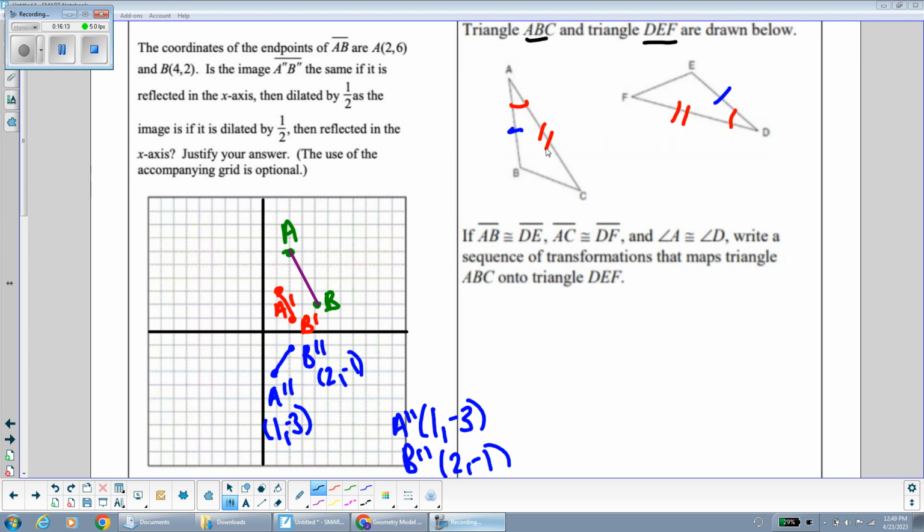So before we describe our rotation, it might be helpful to first describe how to get this triangle in the same spot as this triangle, and then we can just turn it once it's already in the same spot. To get this in the same spot as this, we want C to come up here to where F is. So we're going to translate to the right and up along CF so that C matches up with F. So I'm going to write that down.